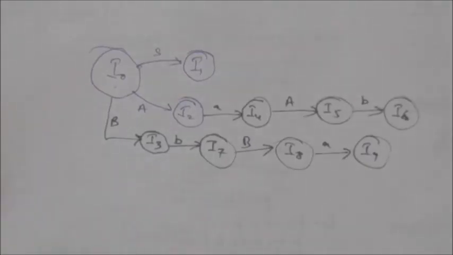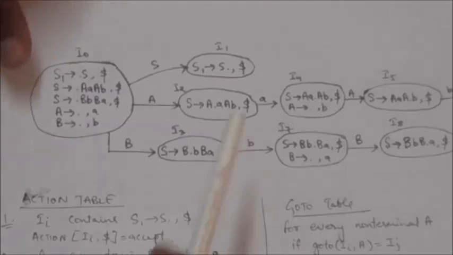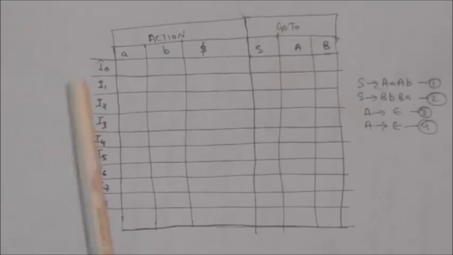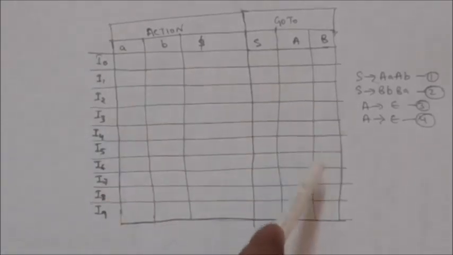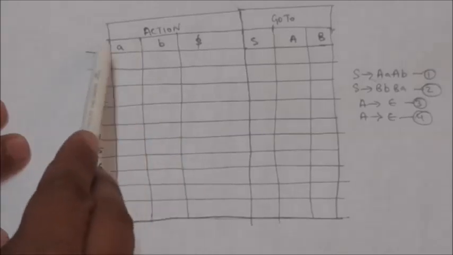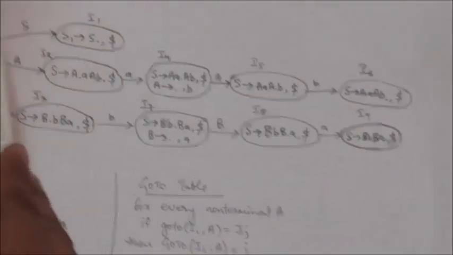Now by using this DFA, we have to construct the action and go to table for this LR1 parser. What happens in this action and go to table? In both, the rows are labeled by the names of states of the DFA. So in this case we have the states from I0 to I9, that is I0, I1, I2, I3, and so on up to I9.